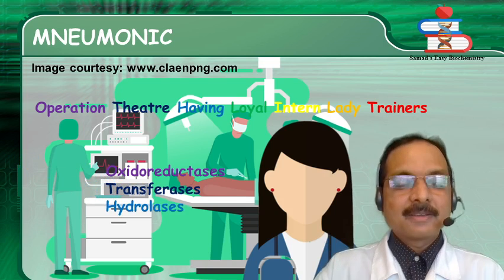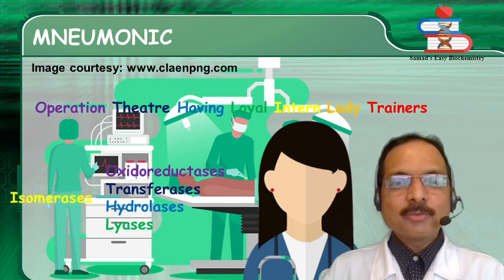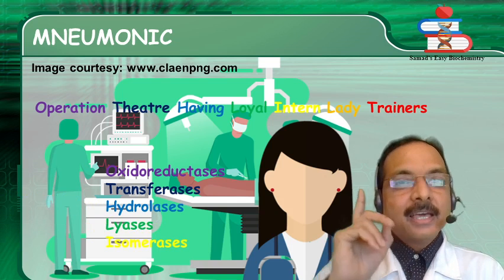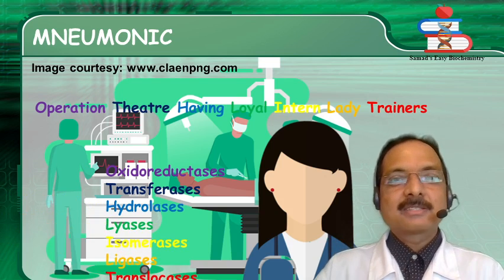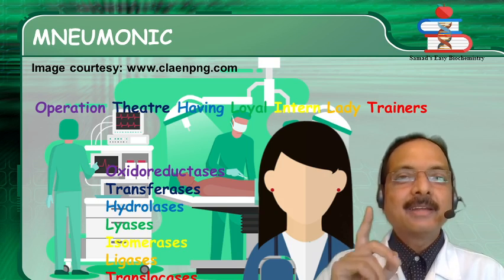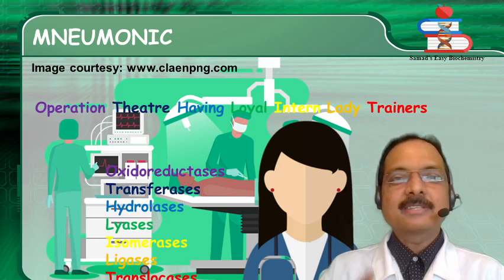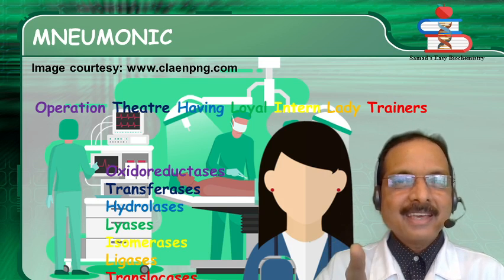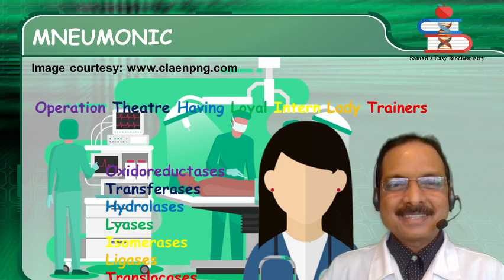Loyal L, lyases, intern I, isomerases, lady L, ligases, trainers T, translocases. So Operation Theatre having loyal intern lady trainers: oxidoreductases, transferases, hydrolases, lyases, isomerases, ligases and translocases.